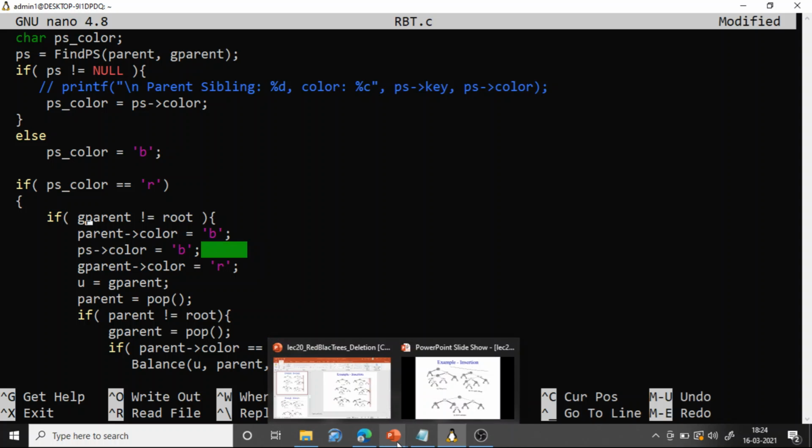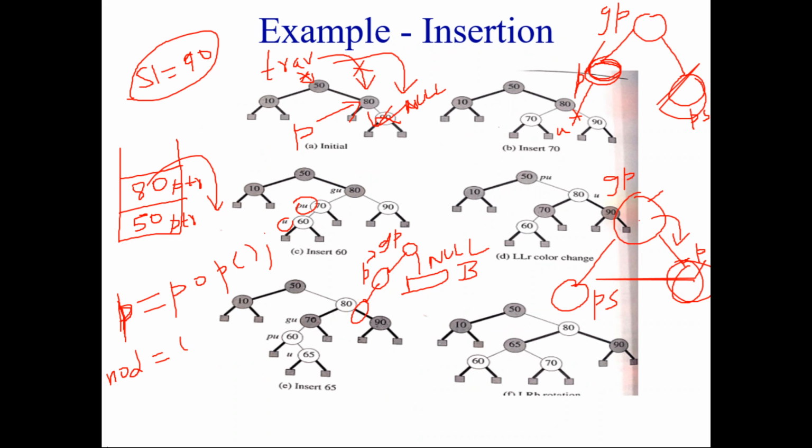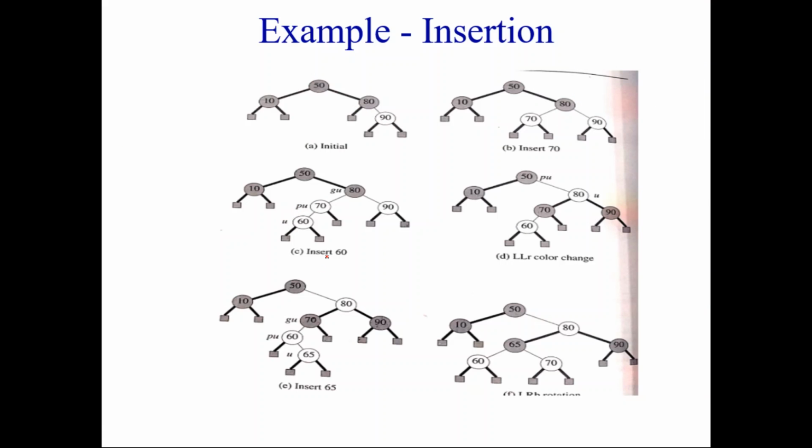So you just recall, if the parent sibling is red, what should you do? Take for example this case. The new node is 60, the parent is 70, and the parent sibling is 90.